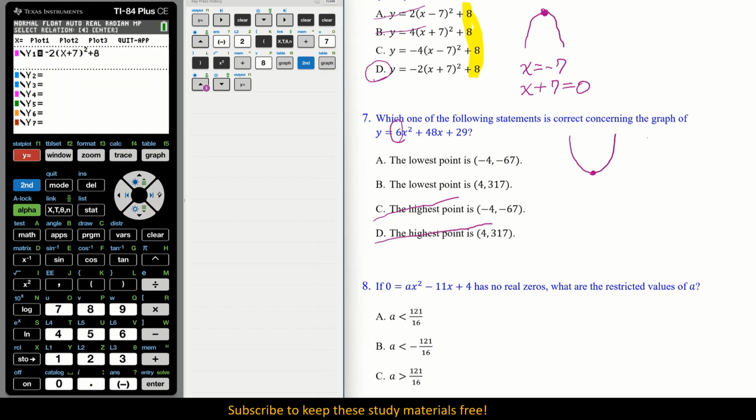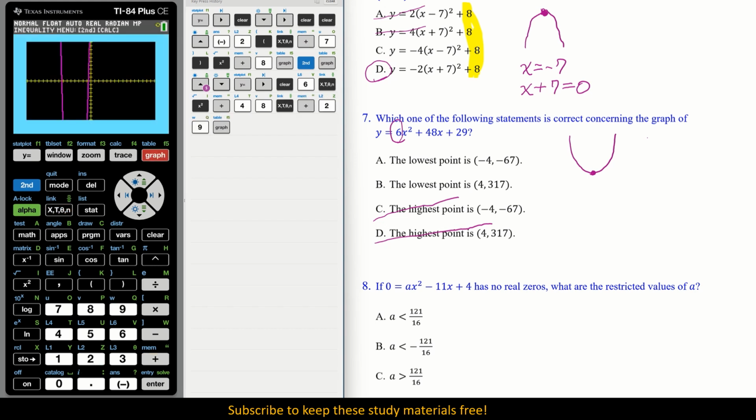Now, my suggestion is, again, we can graph that. So let's enter 6x squared plus 48x plus 29, and let's graph. That's kind of a difficult graph to see.